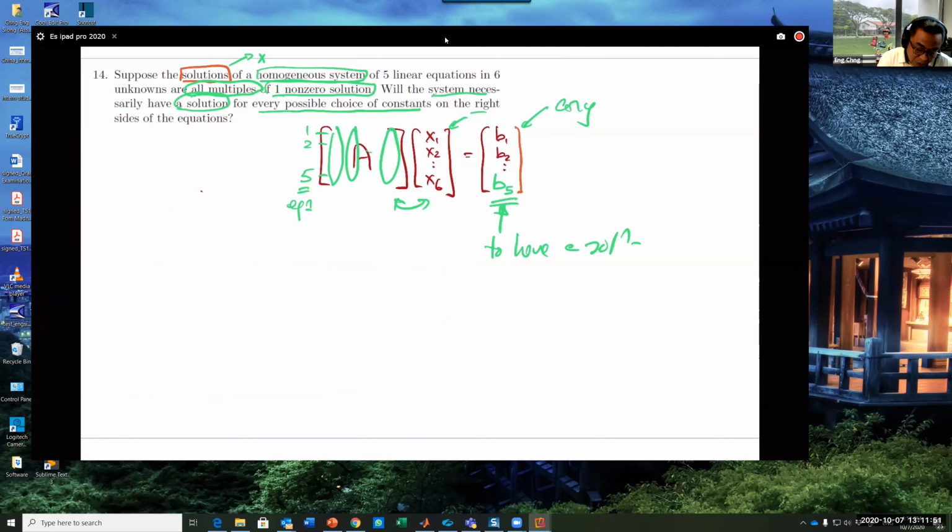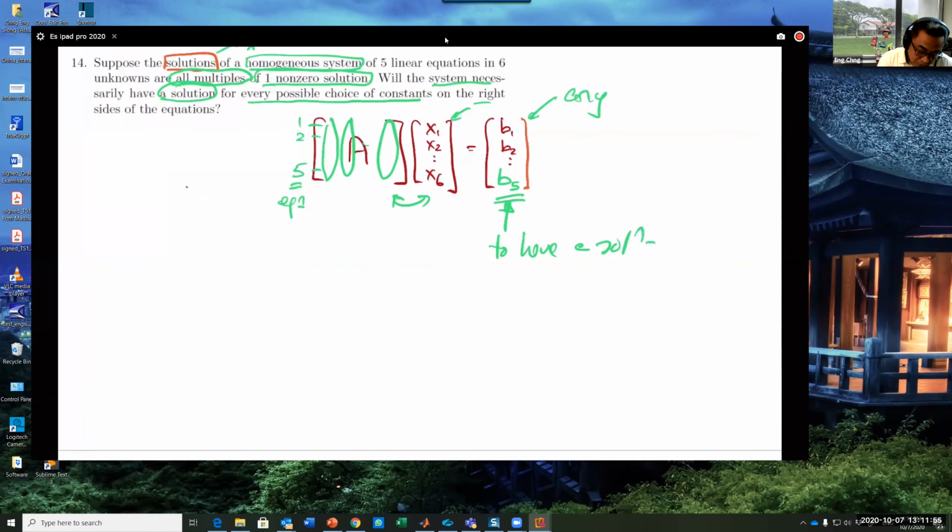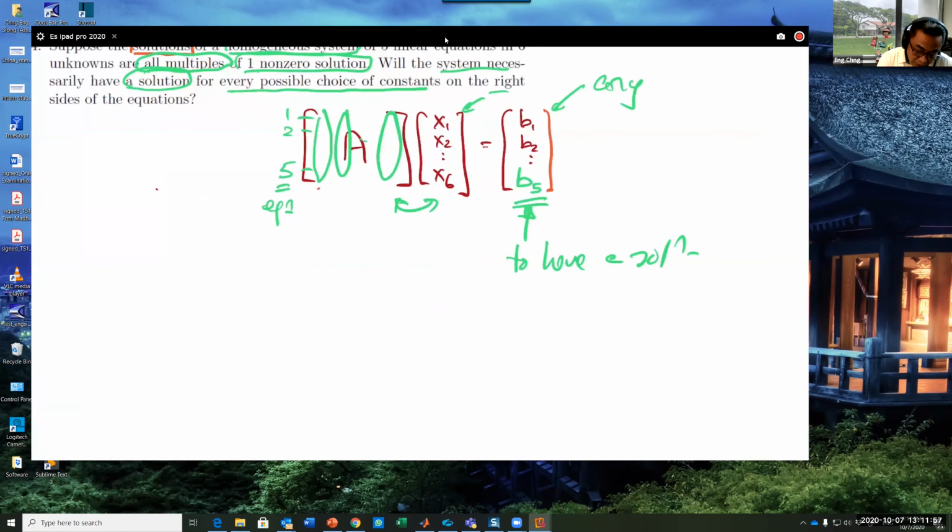I'm going to write the columns as A1, A2 up to A6. The linear combination of columns of A we're talking about is x1 times A1 plus x2 times A2 plus x6 times A6.